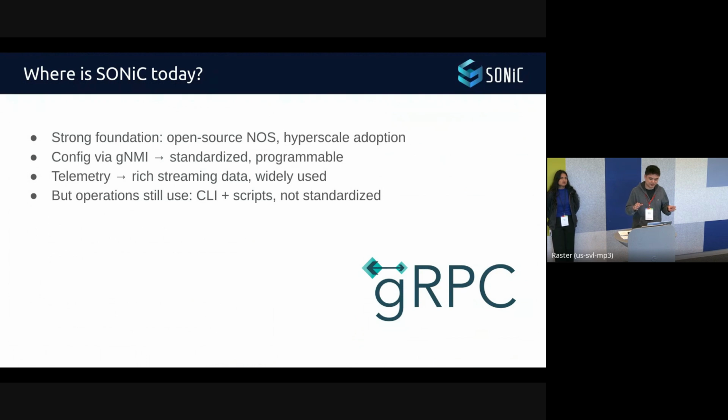For gRPC based APIs, we also have a strong foundation: with gNMI, it supports config, and we are using it to do config. For telemetry, we have gRPC based telemetry that has rich streaming data, and it is also widely used. But for operation, most of it is still living in CLIs and primitive scripts, and it's not standardized.